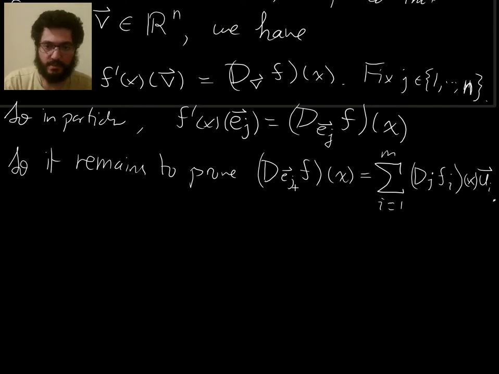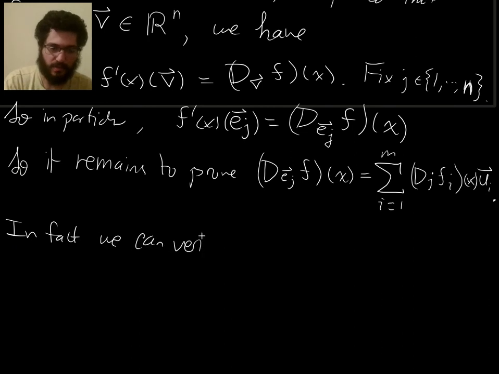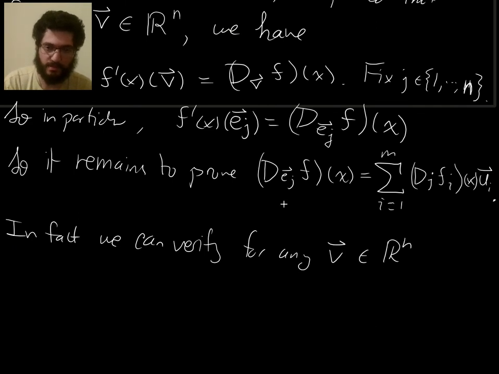So in fact, this e sub j here is kind of clutter in this situation. In fact, we can verify for any v. It doesn't have to be e sub j.